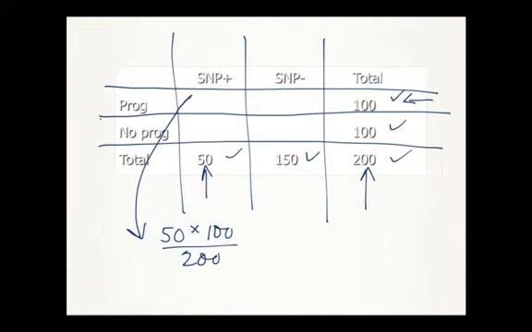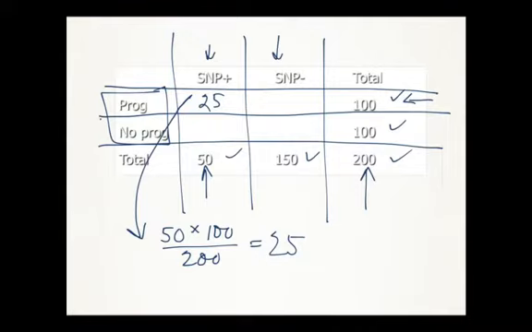And it turns out that 50 times 100 divided by 200 is 25. So if there were no relationship between the two variables, then we would expect 25 people to be in that first cell.